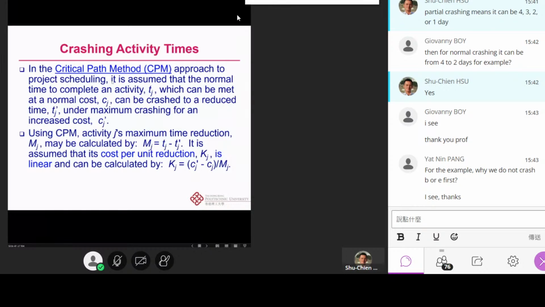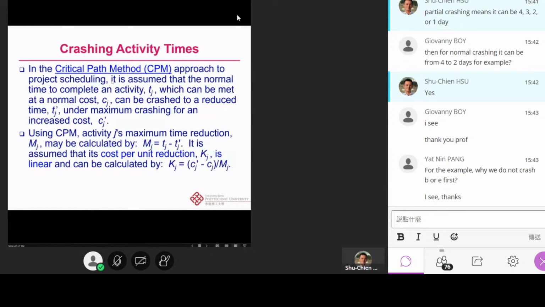Now we can assume that the normal time to accomplish activity j is Tj, which can be met at the normal cost Cj, and can be crashed to a reduced time T'j under maximum crashing for an increased cost C'j. So we would like to utilize some notes from linear programming to solve this crashing project problem. Using CPM, for activity j the maximum time reduction Mj is calculated by Mj = Tj - T'j.